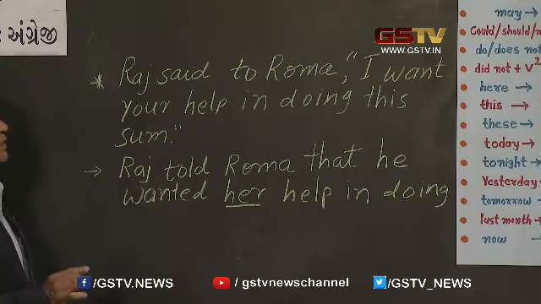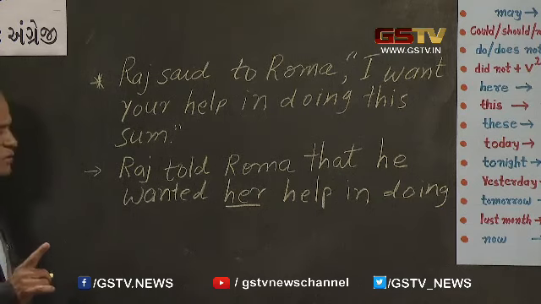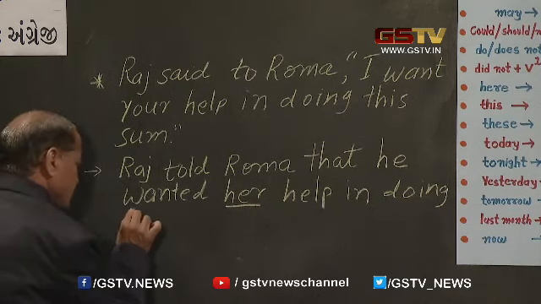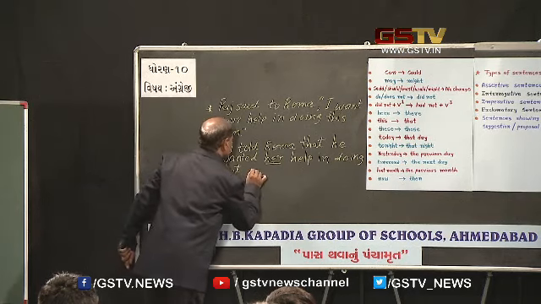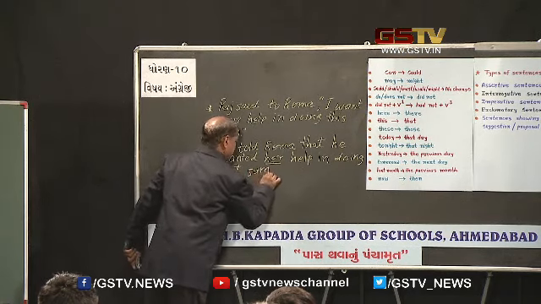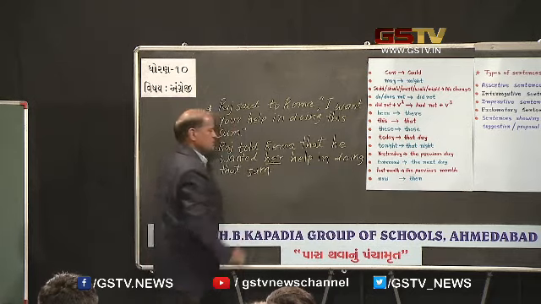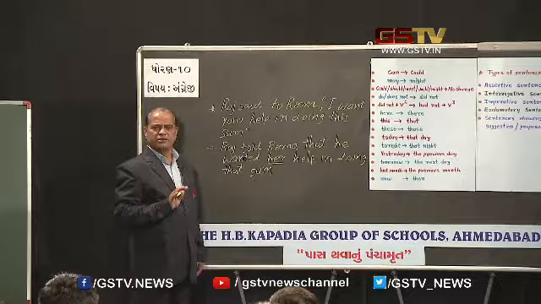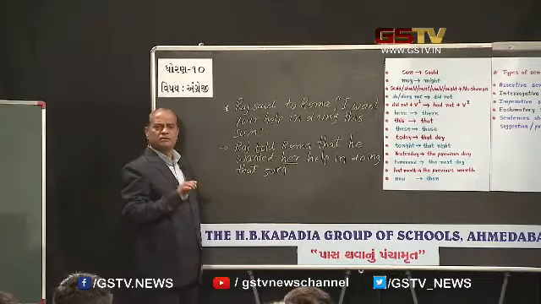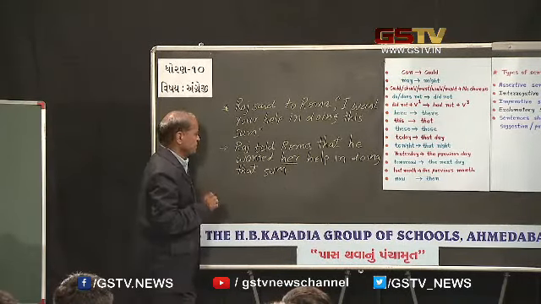As you know, here this is converted into that. So, in this way your sentence is complete. You have converted it into indirect speech.